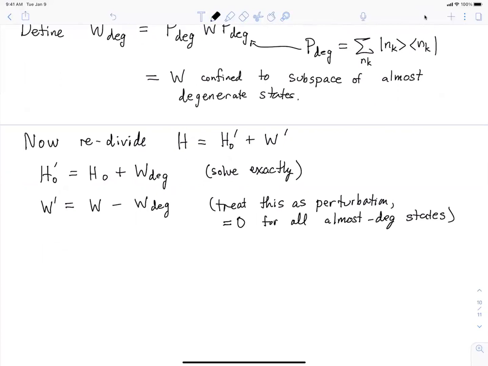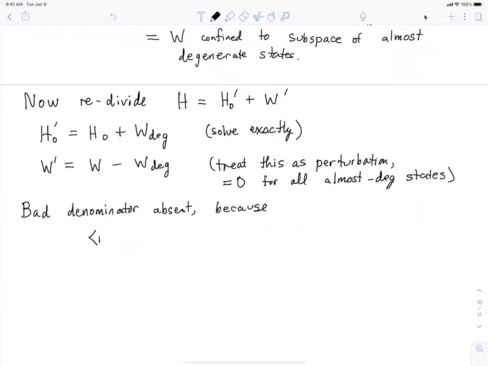It's going to work because now we've constructed a perturbation theory where the bad denominators, meaning small denominators, are going to be absent because, by the way we constructed it, all matrix elements <m_k|W'|n_k> are just 0. This is true within, I should put in parentheses, within the almost degenerate subspace.